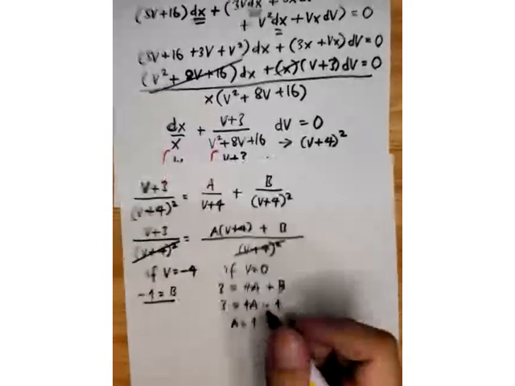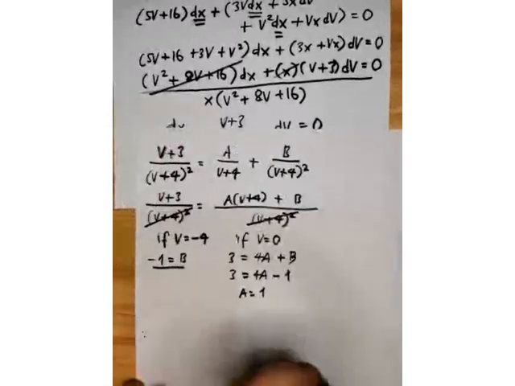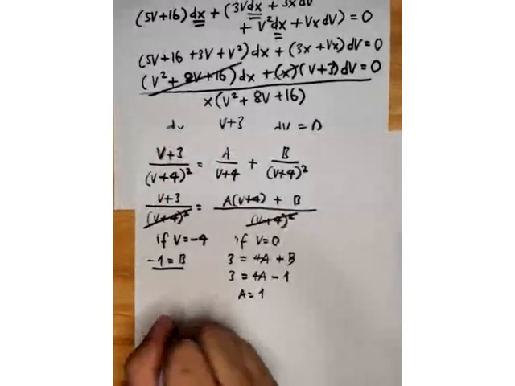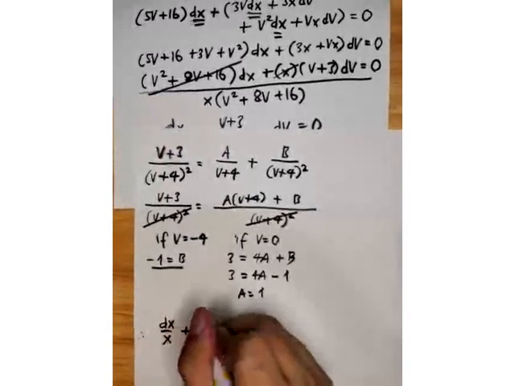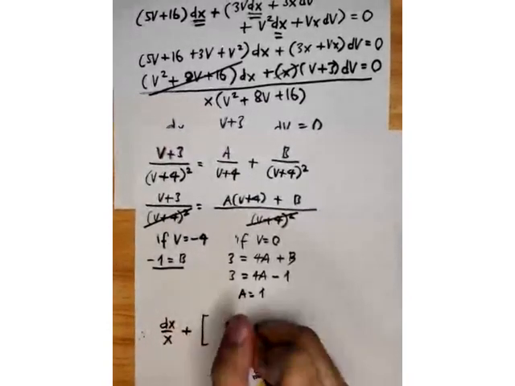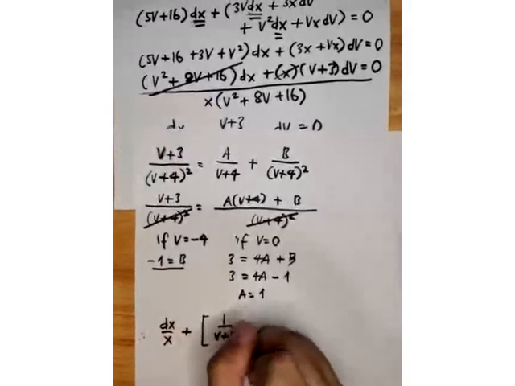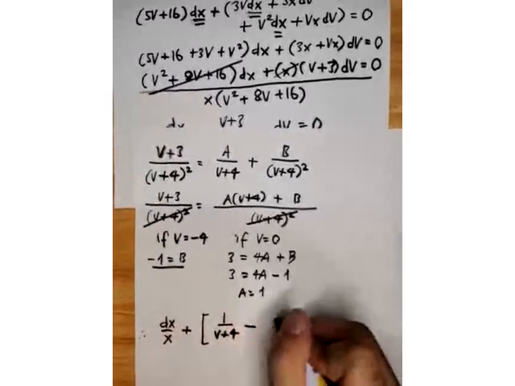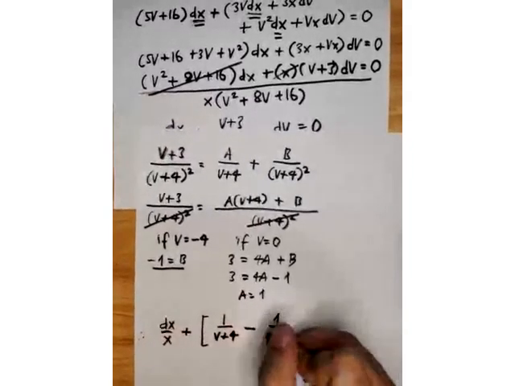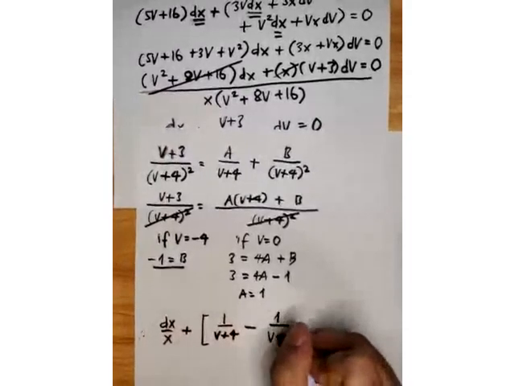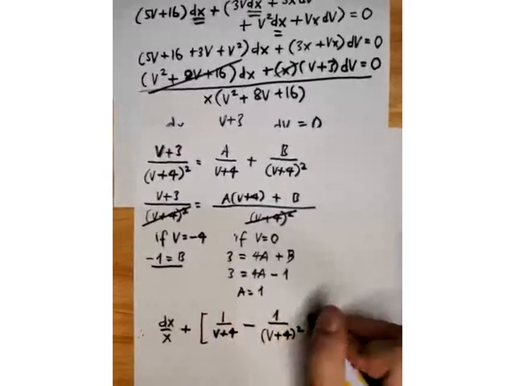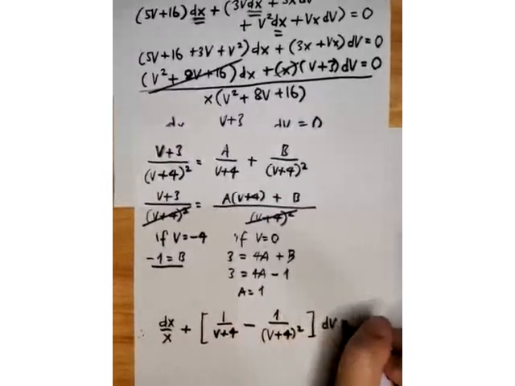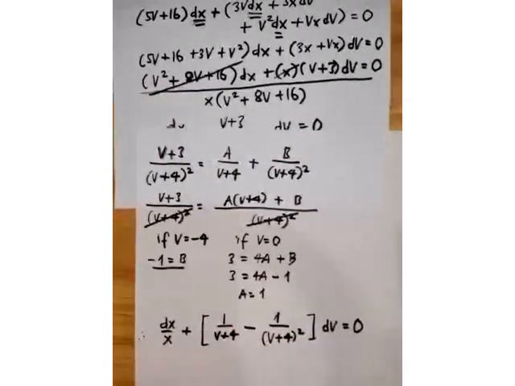Ayan. Okay, so therefore, we'll have dx over x plus quantity 1 over v plus 4 minus 1 over v plus 4 squared dv is equal to 0.